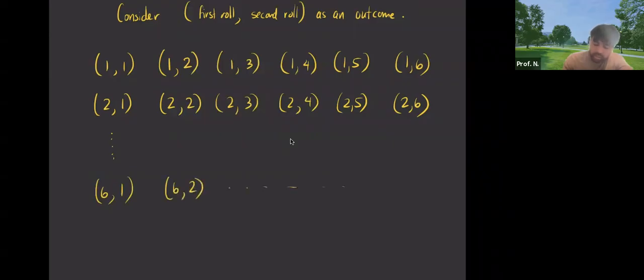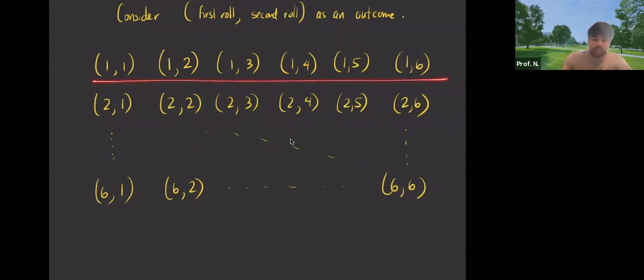This goes all the way to six, comma six. So without having to write all of it out, you would have 36 outcomes, right? You can say this is a row of 6 outcomes and there's 6 rows. So 6 times 6 is 36.